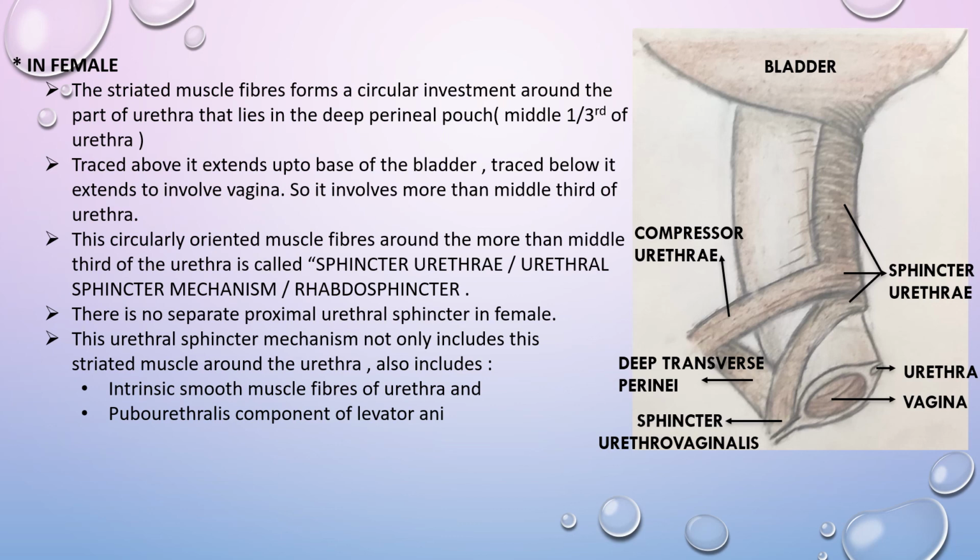These circularly oriented muscle fibers around more than the middle third of the urethra are called sphincter urethrae or urethral sphincter mechanism or rhabdosphincter. There is no separate proximal urethral sphincter in females. This urethral sphincter mechanism not only includes the striated muscles around the urethra, it also includes intrinsic smooth muscle fibers of the urethra and the pubourethralis component of levator ani.